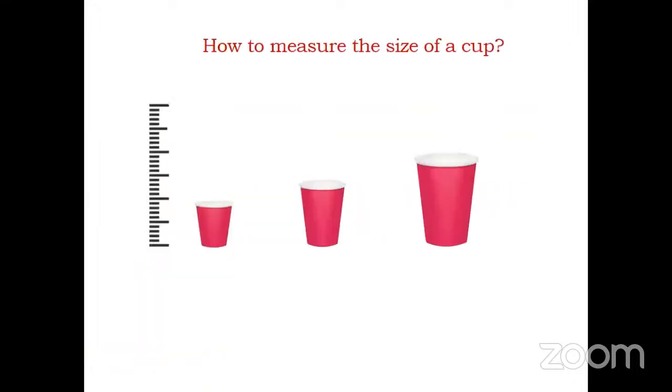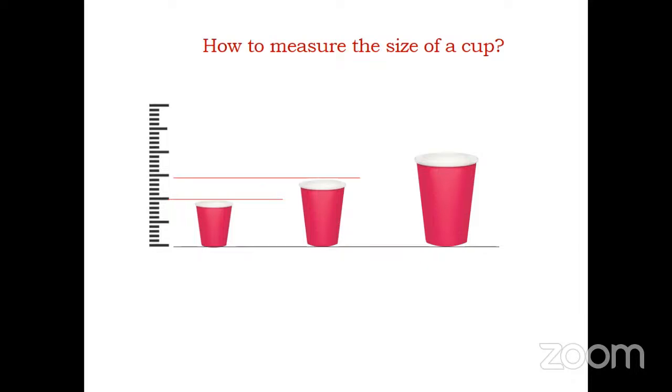Now, when we are talking about the limitations, let us consider this particular situation. We have 3 different cups, and we have a measurement scale on the left, as you can see. Let us take this as the base level. The height of the first cup is 2 units.